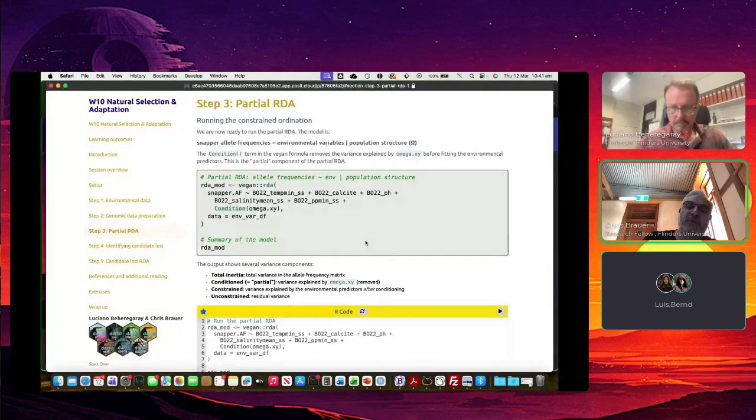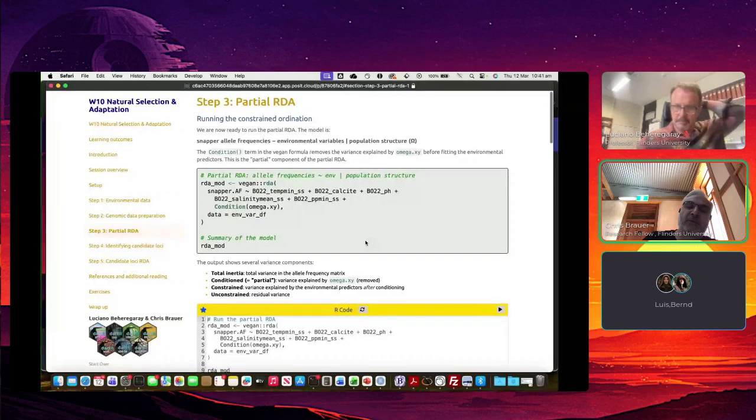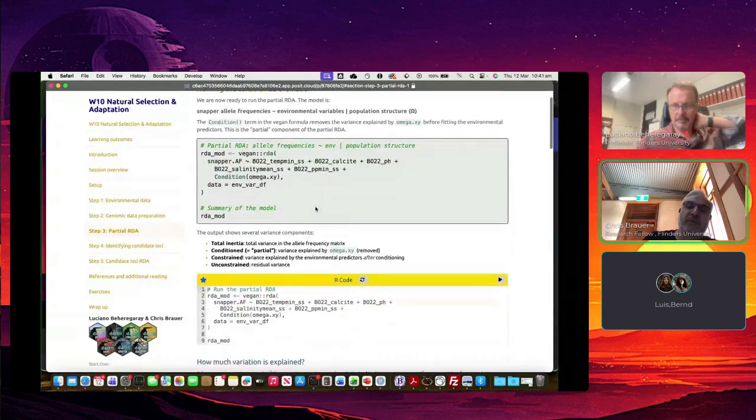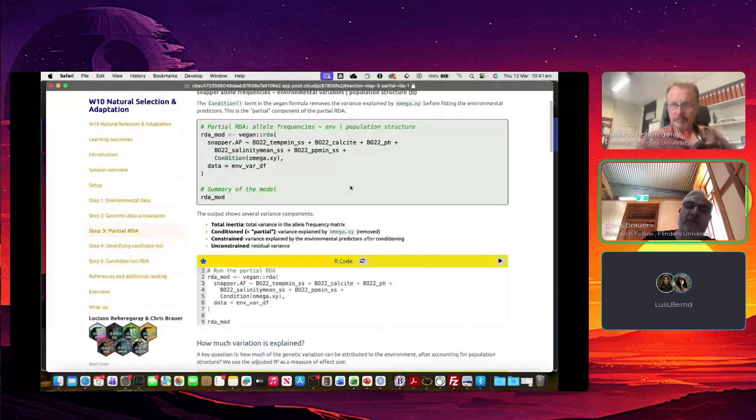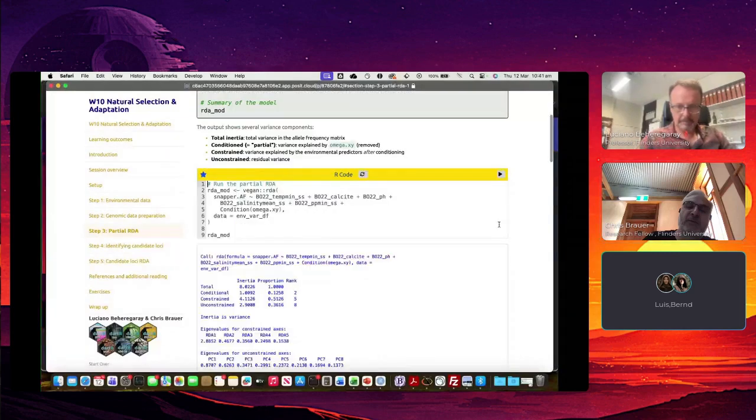Okay, so we have our environmental data, we have our allele frequency data. It's time to run the model. This bit of the code is the same as the bit that we're going to run, so you can go ahead and run that model there.